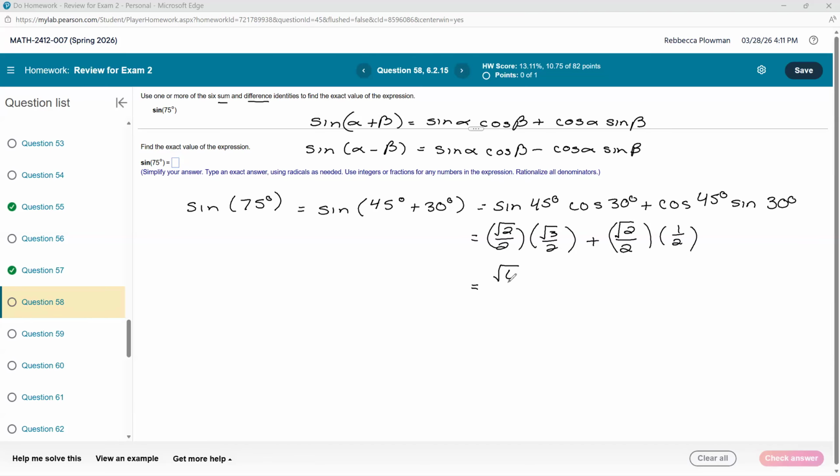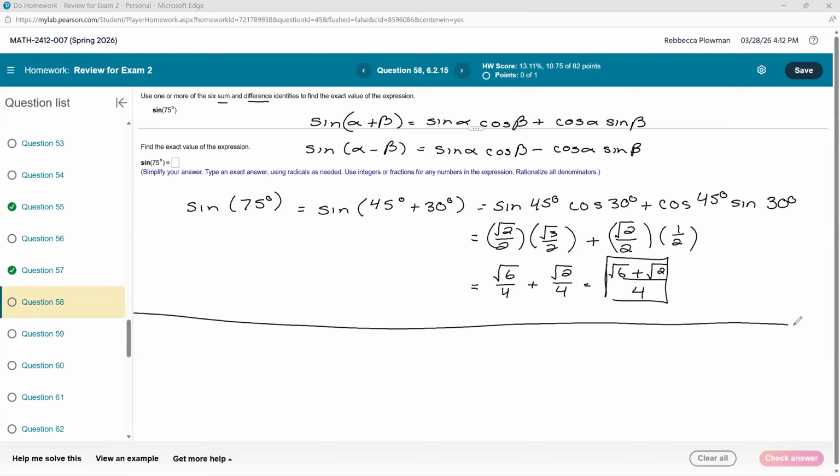So here we get a square root of 6 over 4 plus a square root of 2 over 4. So we get a square root of 6 plus a square root of 2 over 4. So depending on the problem you have, sometimes you can use a difference instead. That might be easier.